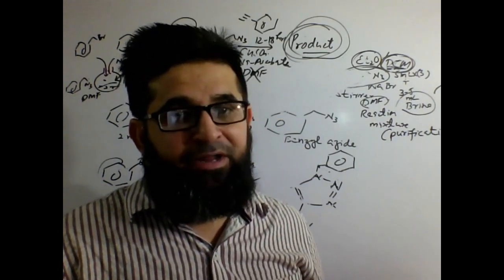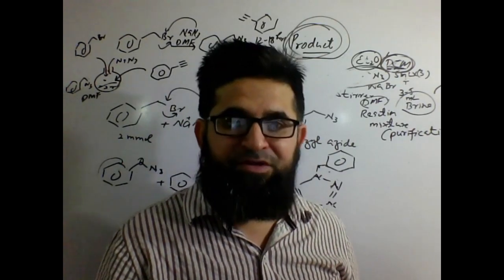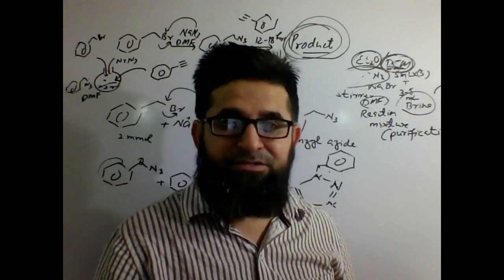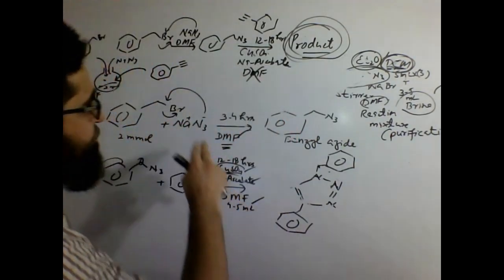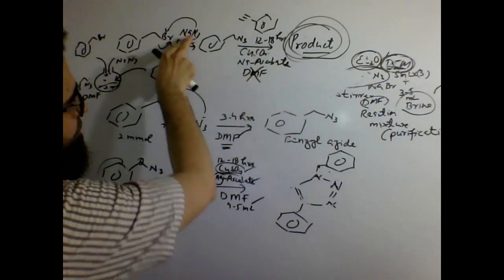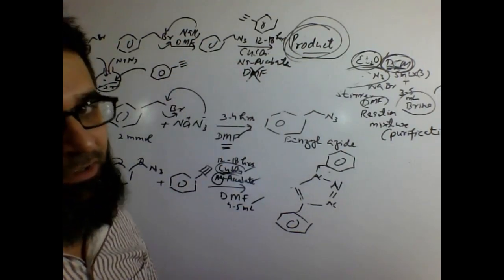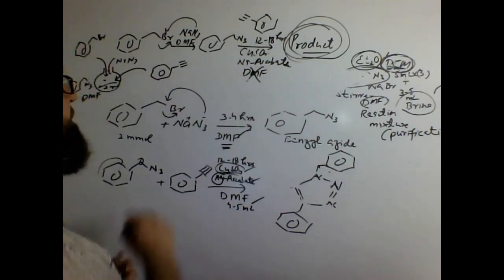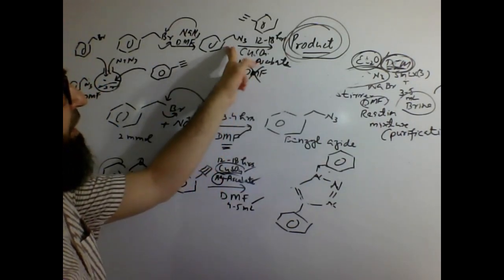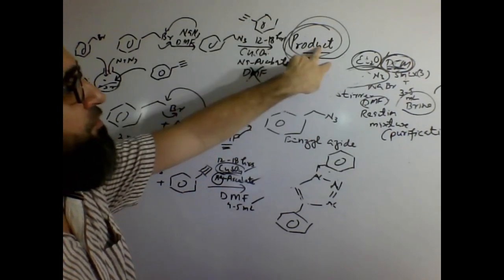Out of 100 reactions, there are chances for only 1 to 2% to be converted into one-pot reactions, where the first step and the second step could be done using the same sort of solvents. That is very much the requirement. Secondly, the product of the first step should be a reactant of the second step, so it can react in the second step to give you the product.